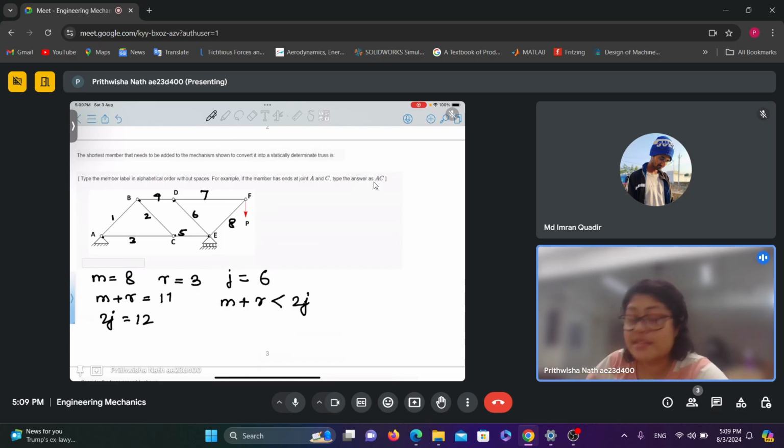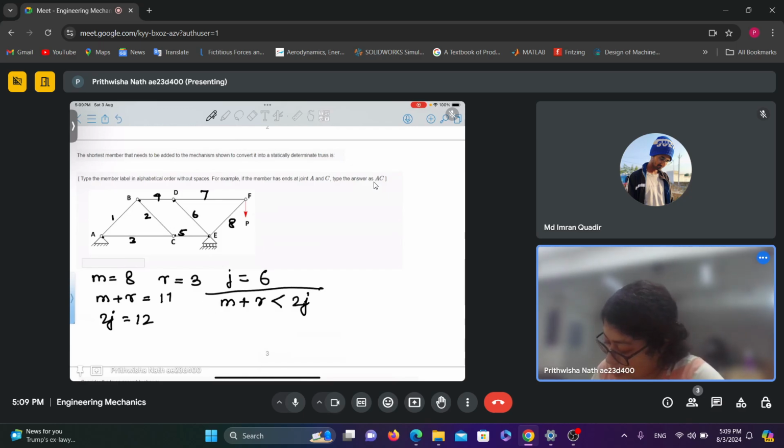So here m plus r is less than 2j. So how can you make it statically determinate? You need to add a member such that the truss becomes statically determinate. We can see that it is a mechanism since m plus r is less than 2j.